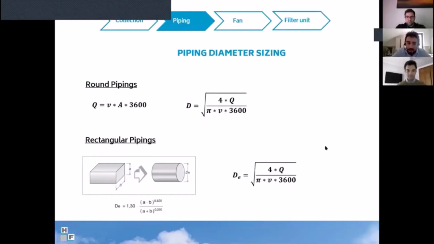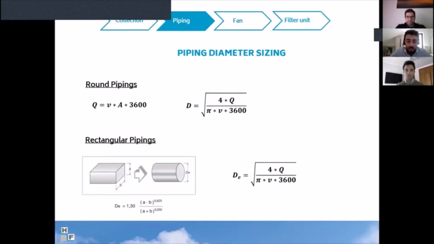If we use rectangular piping, we have to keep in consideration that there are some edge effects in the piping if the ratio between A and B is not close to 1. This means if the pipe is very rectangular.